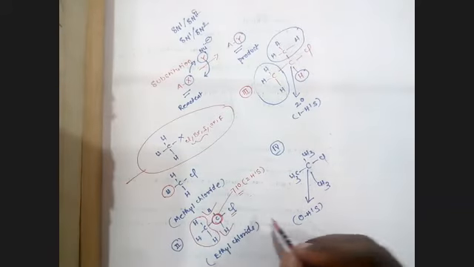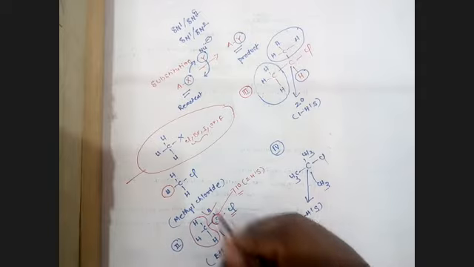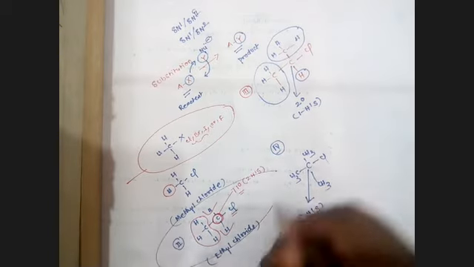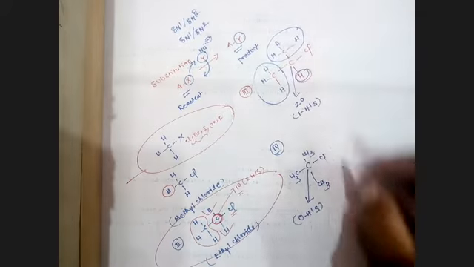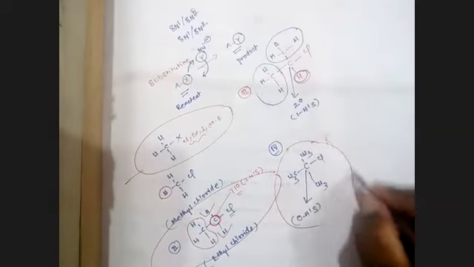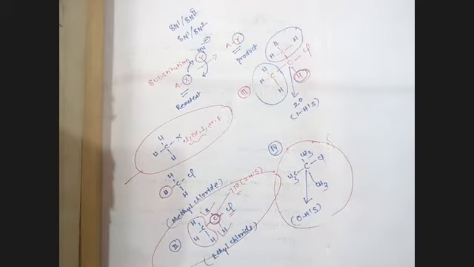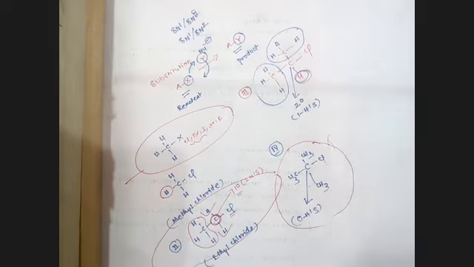Number two, a primary alkyl halide contains two hydrogens. A secondary alkyl halide contains one hydrogen, and a tertiary alkyl halide contains zero hydrogens. Now friends, let me explain what is meant by SN1 and SN2 reactions.